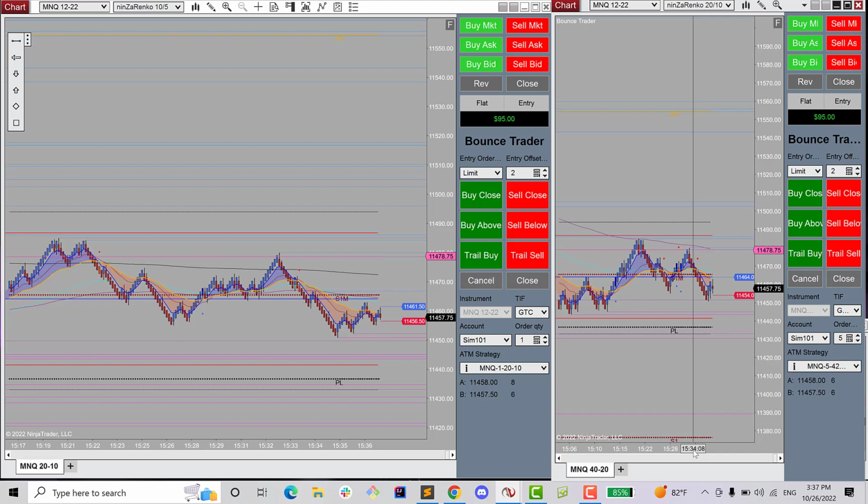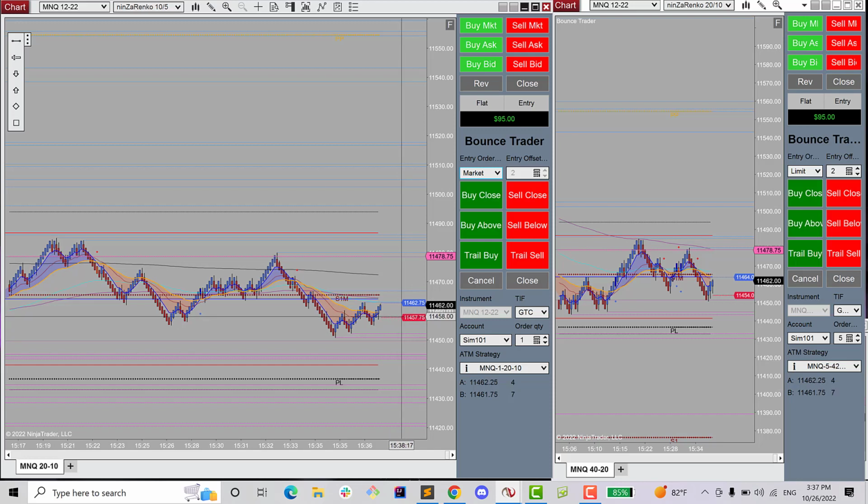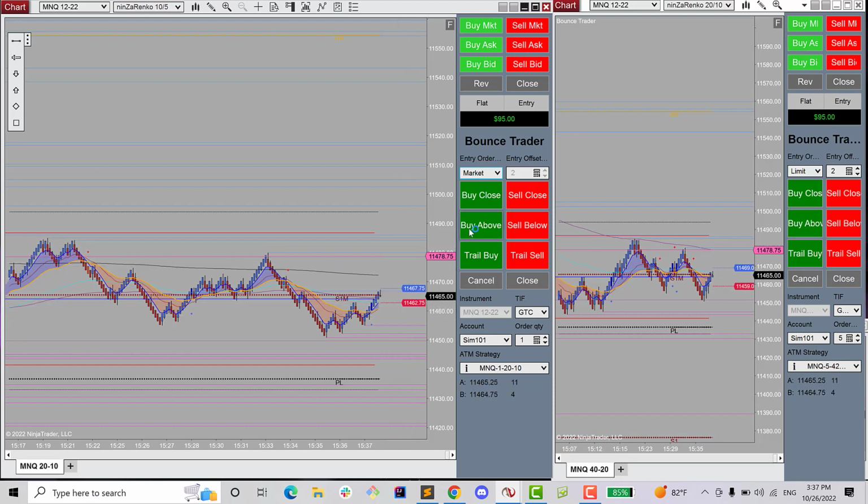This is the last 30 minutes of a trading session, so hopefully we can find some setups. Let's start with market orders. Let's say I'm betting that this will continue to go up. Let's say I'm thinking it's going to bounce and go sell. Let's see what happens. Okay, it didn't, so it invalidated my order.